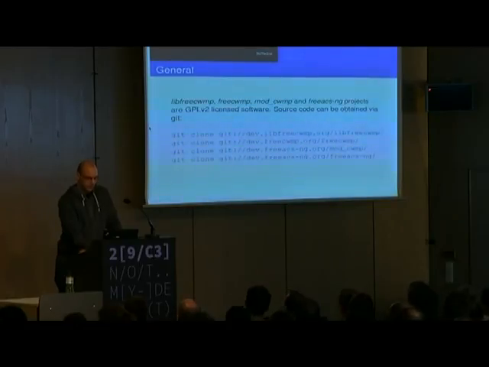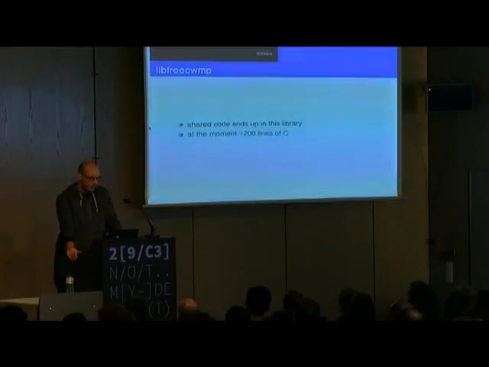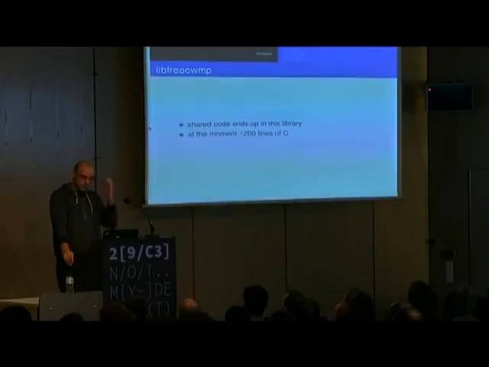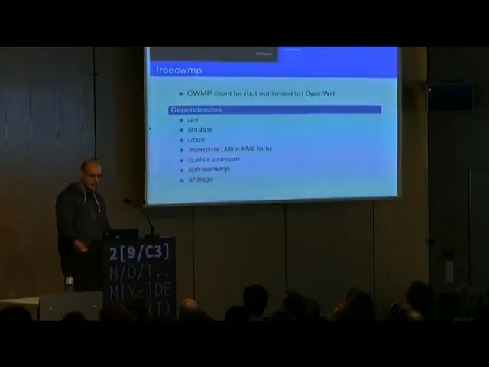You can find more information on the web page. Okay, so libfreecwmp is a library where we put all of the shared code. At the moment it's pretty small, but it will grow. It's around 200 lines of C.